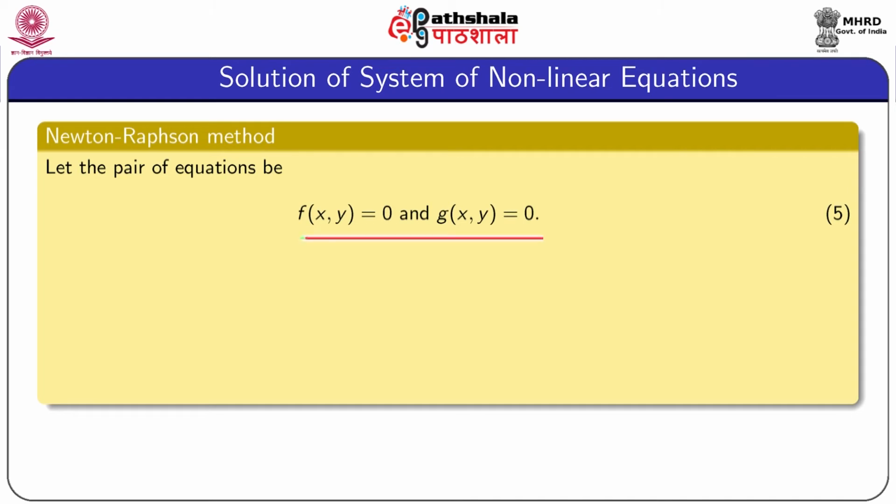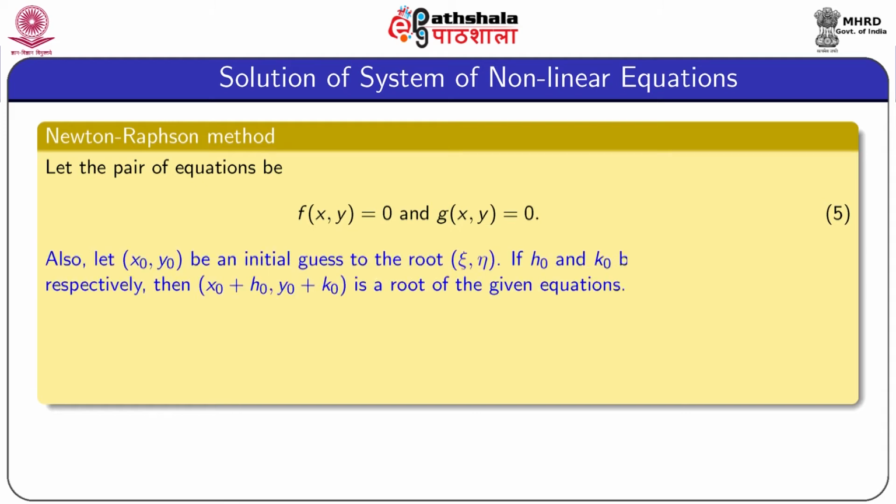Let f(x, y) equal to 0 and g(x, y) equal to 0 be a pair of nonlinear equations. Also, let (x0, y0) be an initial guess to the exact root (xi, eta), and if h0 and k0 are the errors at x0 and y0 respectively, then x0 plus h0 and y0 plus k0 is a root of the given equations.